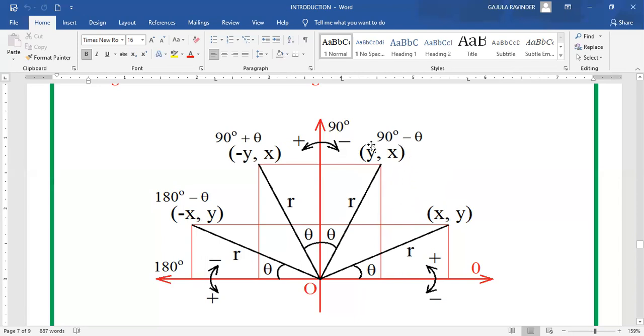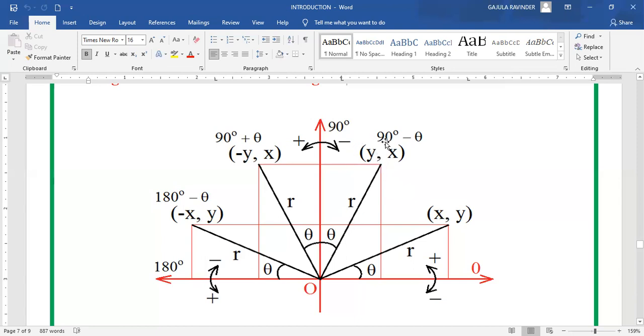Then what is cos of 90 minus theta? Here cos of 90 minus theta is y by r, because the x coordinate is y. According to the definition, what is cos theta then? According to the definition, cos theta is x by r. So when this is x by r, what can you take? The x coordinate is y by r.